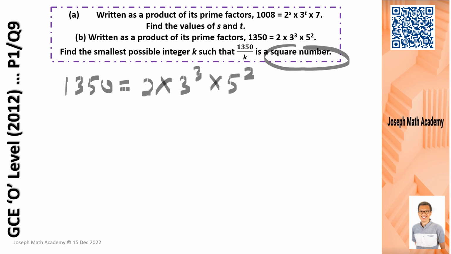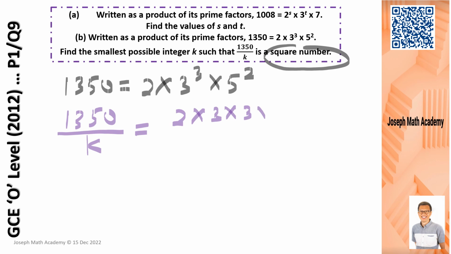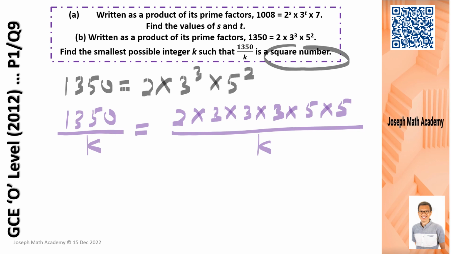A square number is a number that can be square rooted. So we want this expression in its expansion form to be divided by k, so that we get a number that can be square rooted.